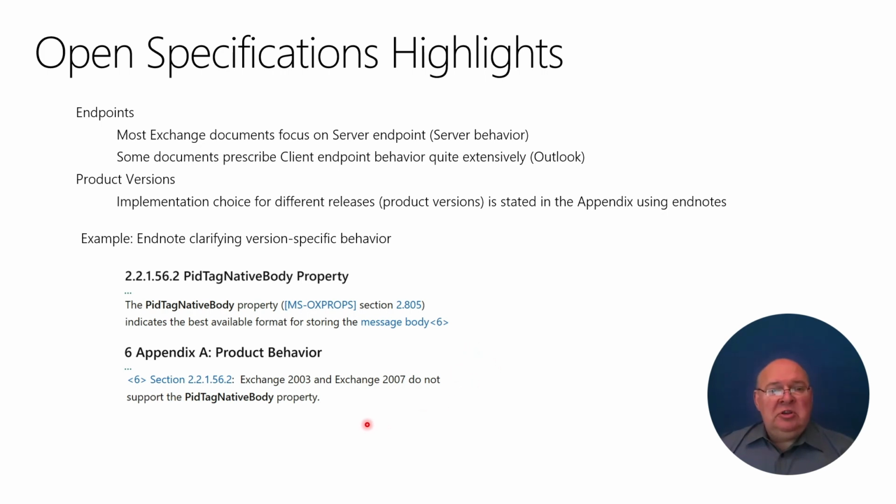If you look at endnote 6 in this document, it says that Exchange Server 2003 and 2007 do not support certain property. This is how we do this version-specific documentation references, and that's the only way you will see product versions in protocol documentation.